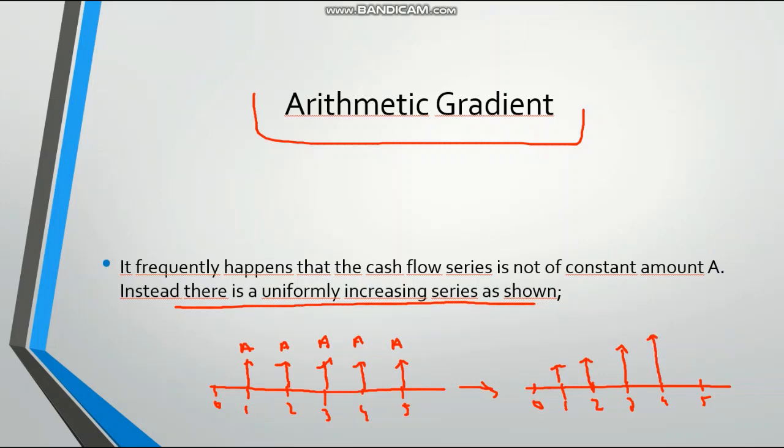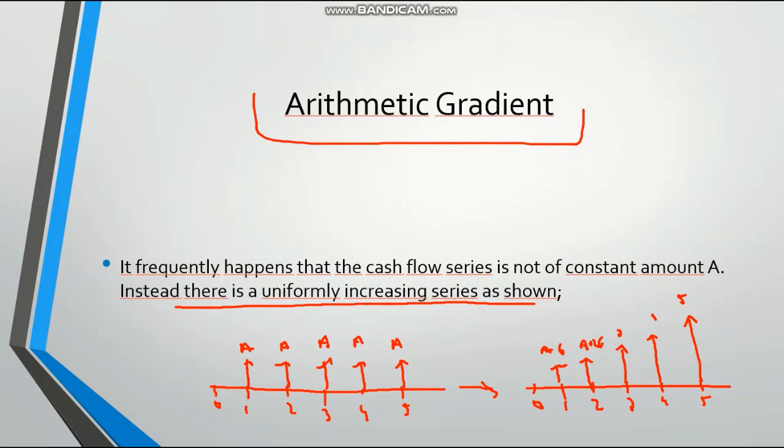If it is 100, it's going to be 110, 120, 130, 140. So it's arithmetically increased. Each term is A plus G, A plus 2G, with 1G here, 2G here, 3G here, 4G here, and 5G here, so 110, 120, 130, 140, and 150.